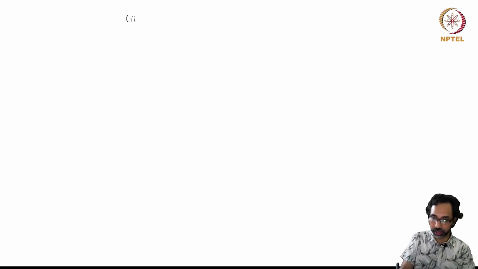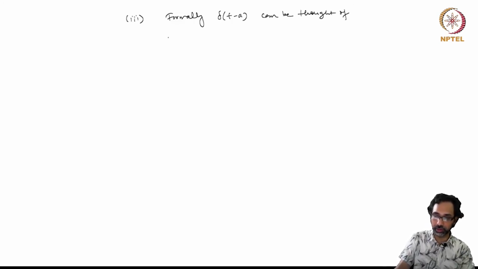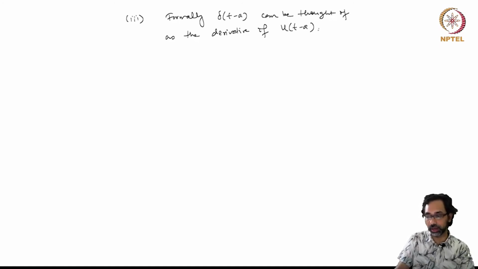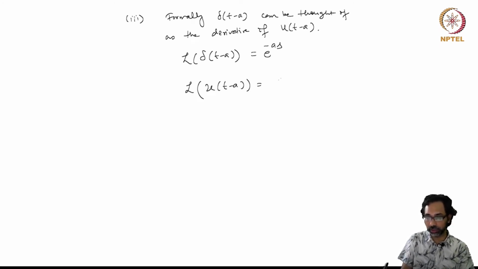Another property is that formally the delta function delta(t - a) can be thought of as the derivative of the Heaviside unit step function at a. This is because the Laplace transform of delta(t - a) equals e^(-as), while the Laplace transform of the unit Heaviside step function is e^(-as) over s.